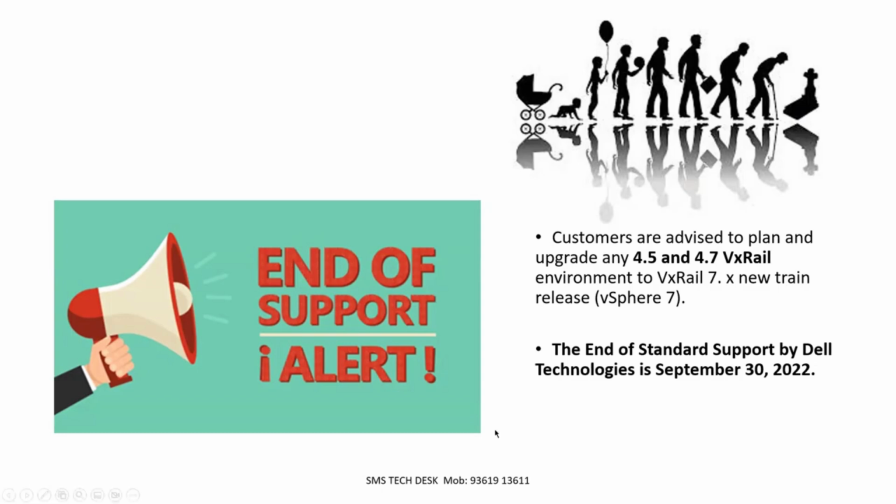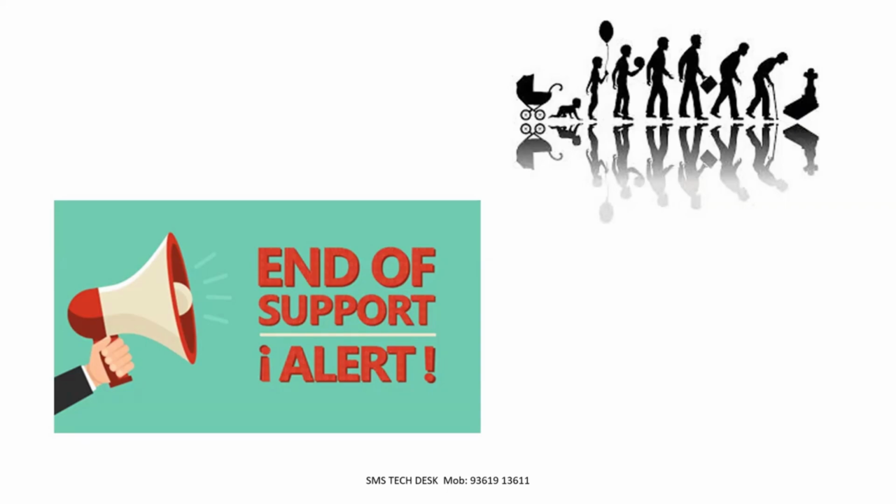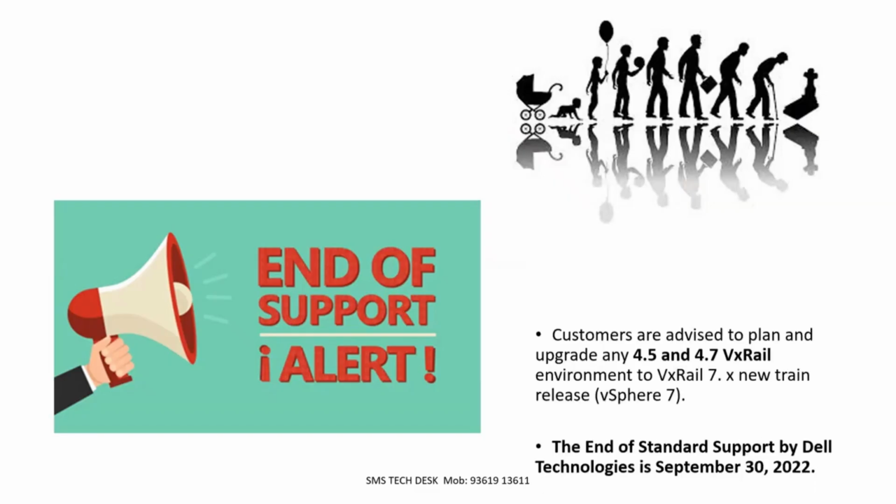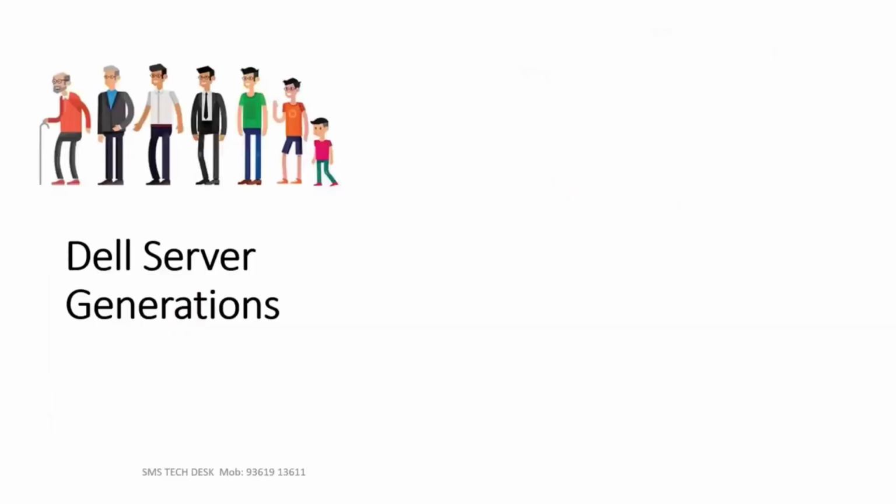Now we know the version numbers, right? Now let's try to understand the hardware generation, because the hardware for VxRail is coming from Dell. So you need to match the Dell generation with the hardware which is released for VxRail as well. So first let's try to understand Dell server generations.